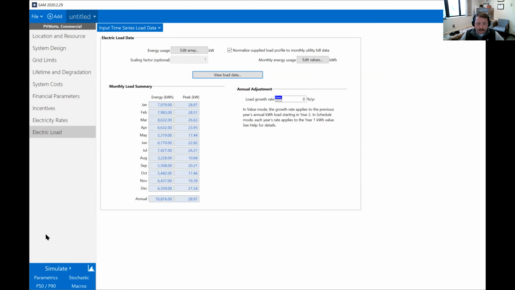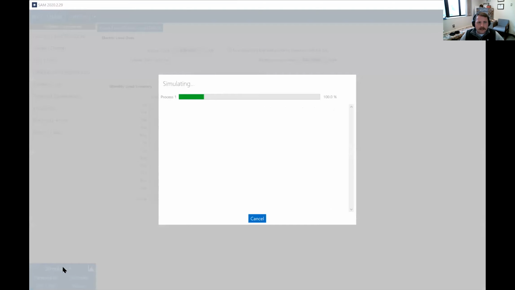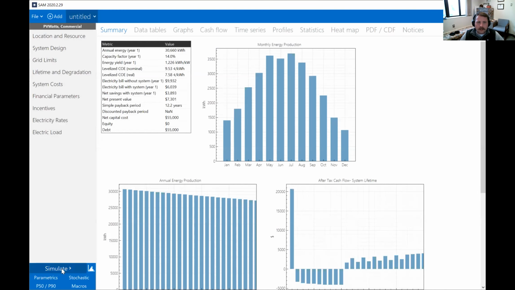All right, we are ready to simulate. Are you ready to see our first values? We click simulate here in the lower left, and we see it's estimating it'll produce 30,660 kilowatt hours a year. Our real levelized cost of energy is 7.58 cents. So we're already getting a little bit of a hint.